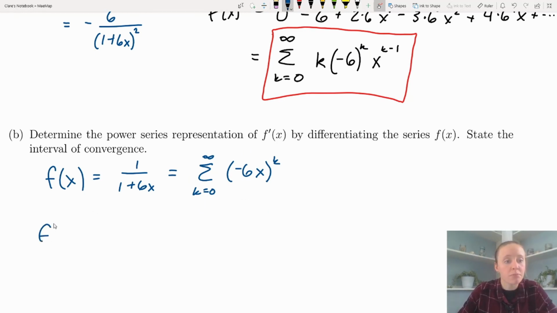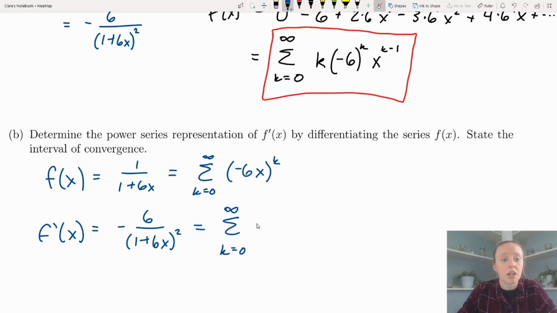So if I have f prime of x, we said that's going to be negative 6 over (1 plus 6x) squared. Differentiating this, I'll have my summation from k equals 0 to infinity of, dropping my k down in front, that'll be k times (negative 6x) to the k minus 1, decreasing that exponent, but remember, chain rule is important here. Then I have to multiply by the derivative of my inside, which is multiplying by a negative 6.